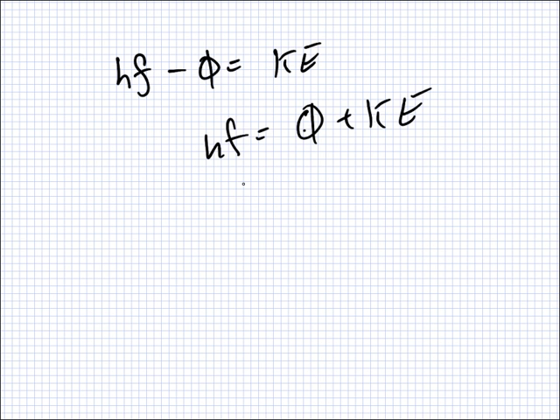The threshold frequency is when the KE is 0. It's the minimum frequency.